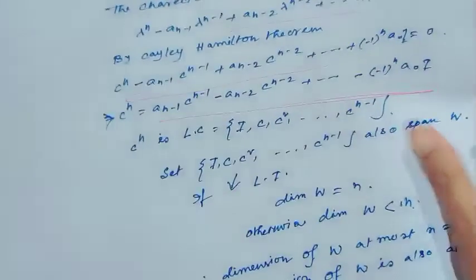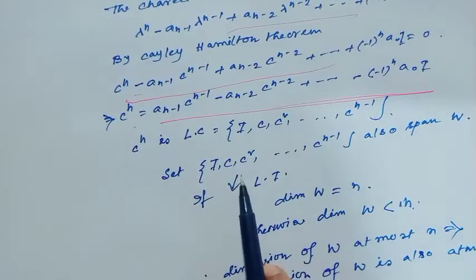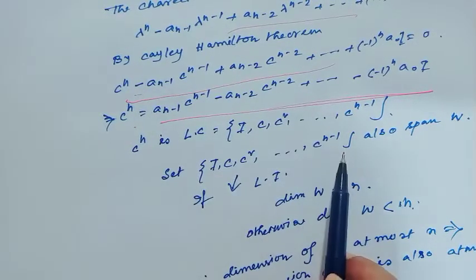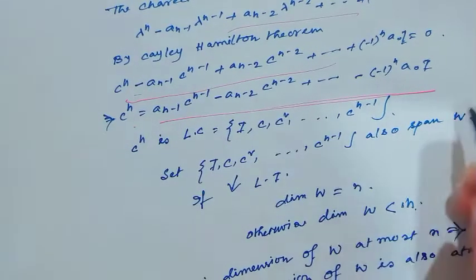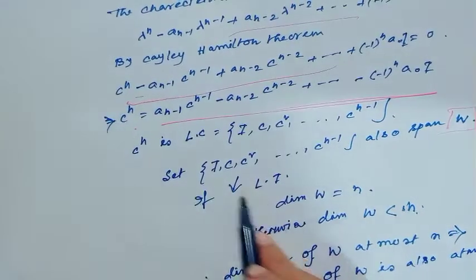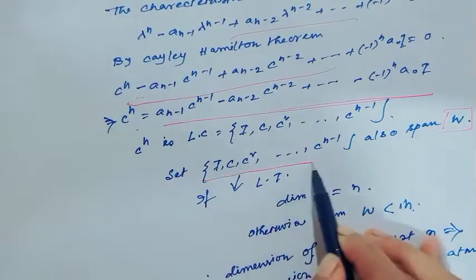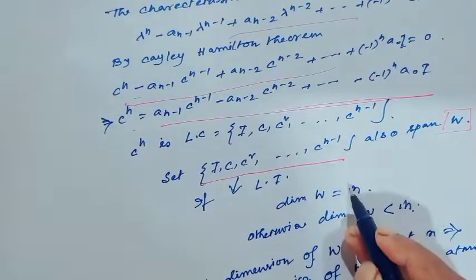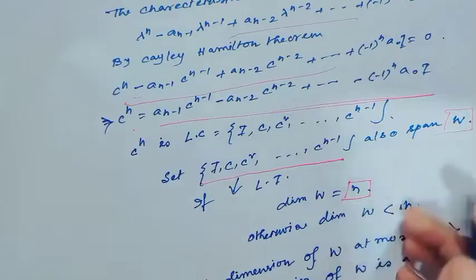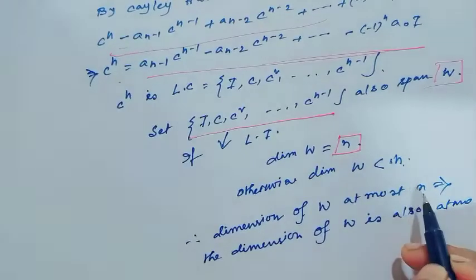So the set identity, C, C square, up to C to the power n minus 1 also spans W, and if this set is linearly independent, then the dimension of W equals n, otherwise the dimension of W would be strictly less than n.